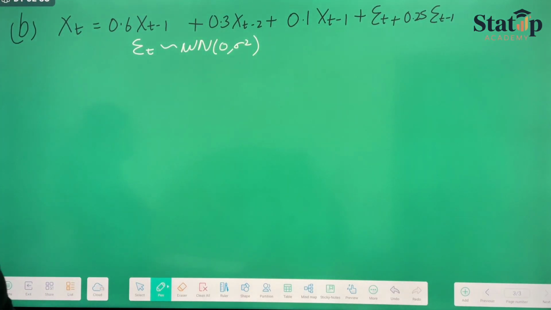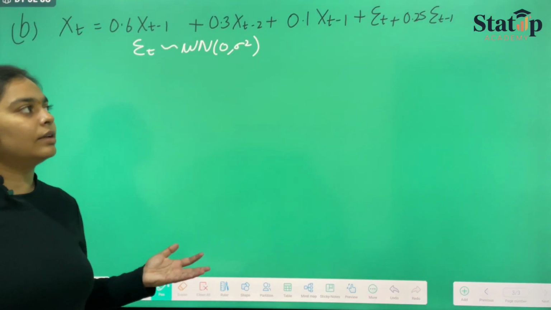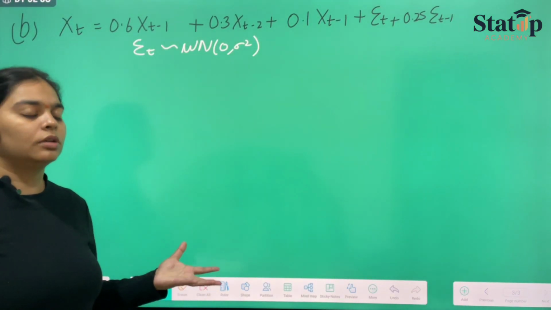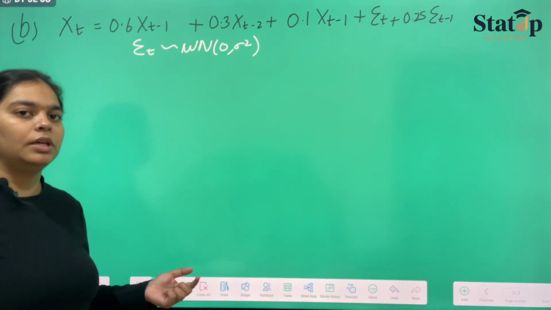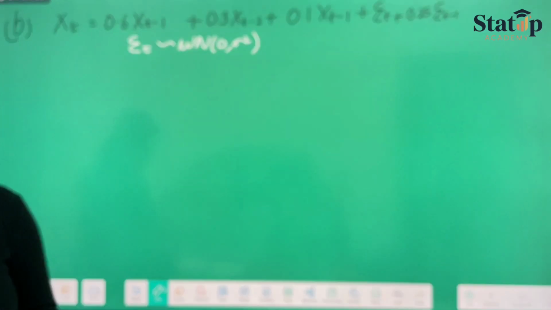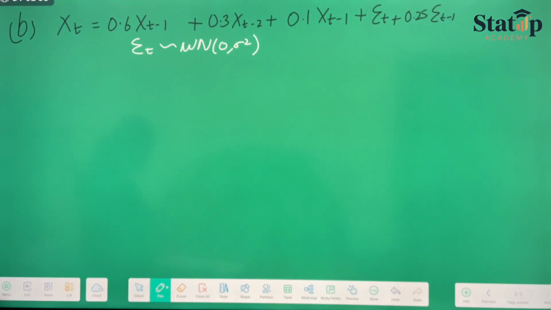This is our question and we have to show the properties or the orders of the ARIMA model, P, Q and D. We have to find the values of P, Q and D.